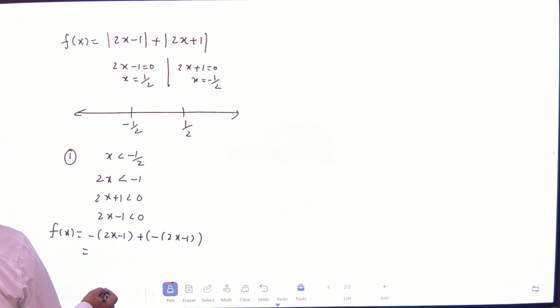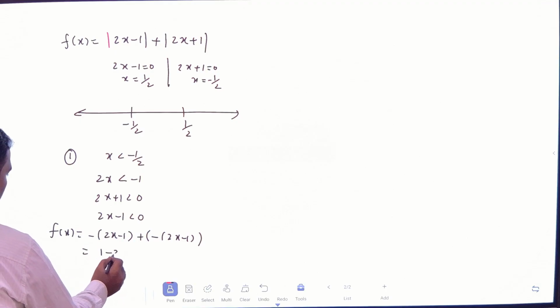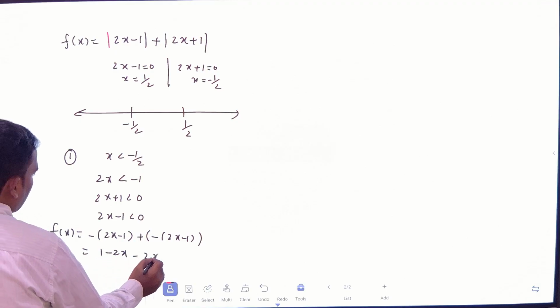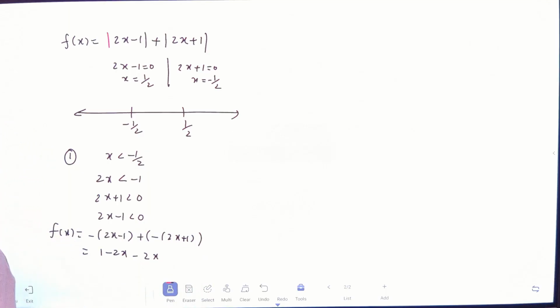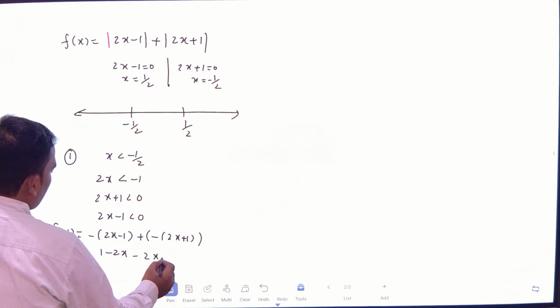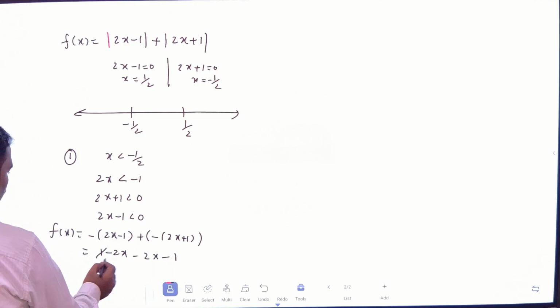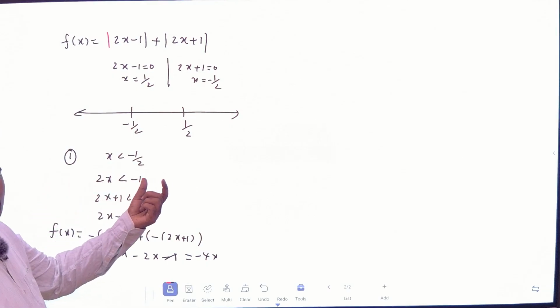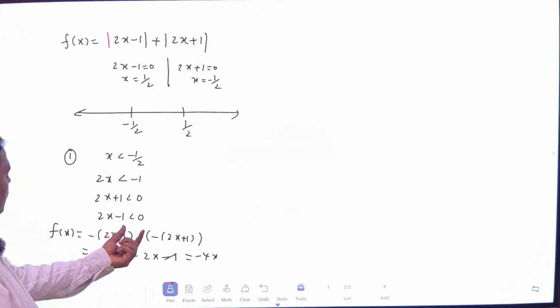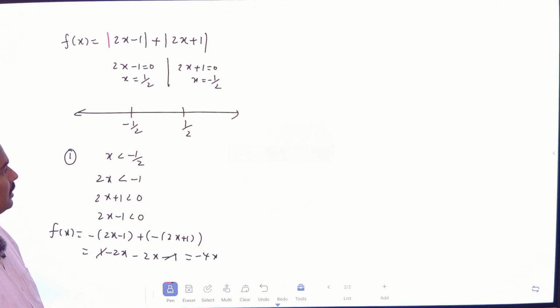So you can simplify this: 1 minus 2x, minus 2x minus 1. Then plus 1 minus 1 cancel, this is minus 4x. When x is less than minus 1 by 2, f of x is defined by minus 4x, right?